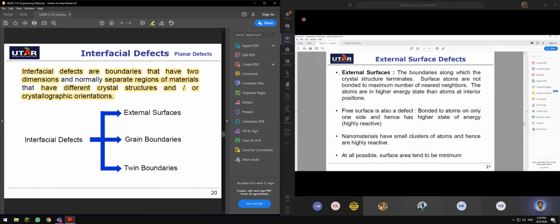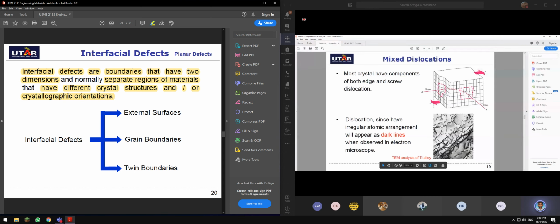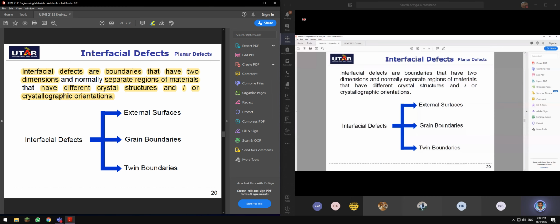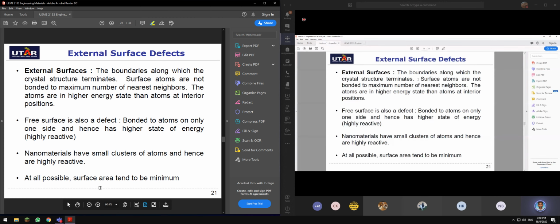Now, external surface: the boundaries along which the crystal structure terminates. And normally, surface atoms are not bonded to a maximum number of nearest neighbors, so it terminates.